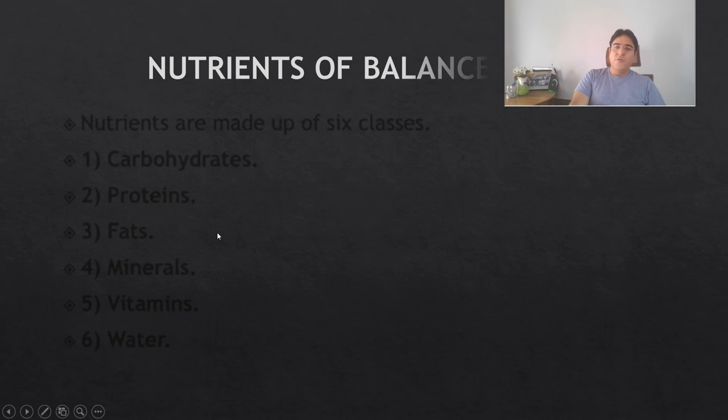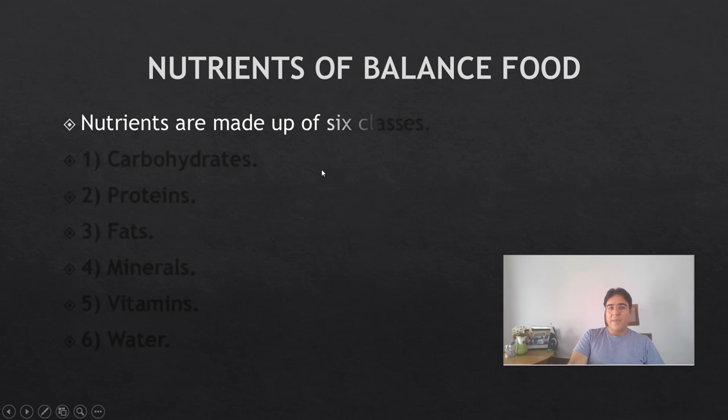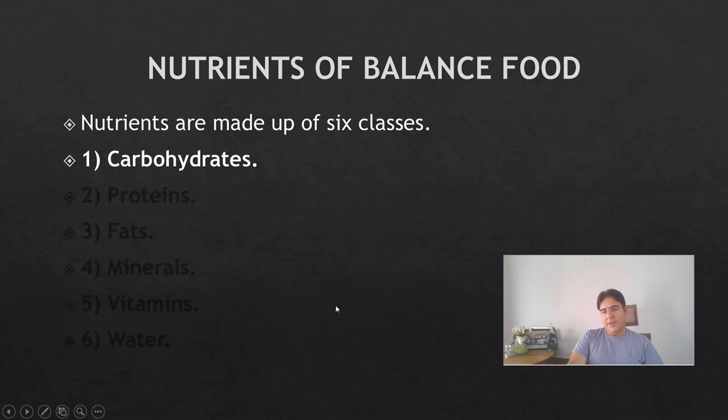Now we move further and see what the nutrients of a balanced food are. What are the components of the food that our bodies need in order to survive well and fight disease? In this way, there are six components. First is carbohydrate.